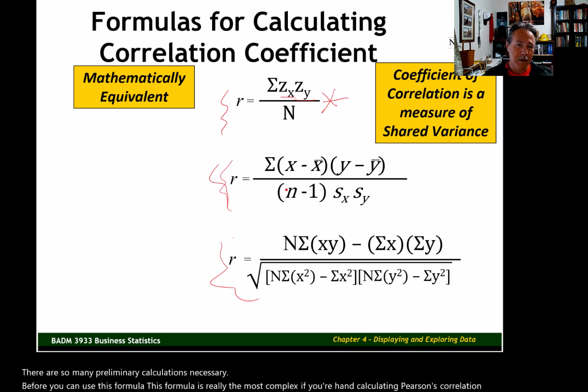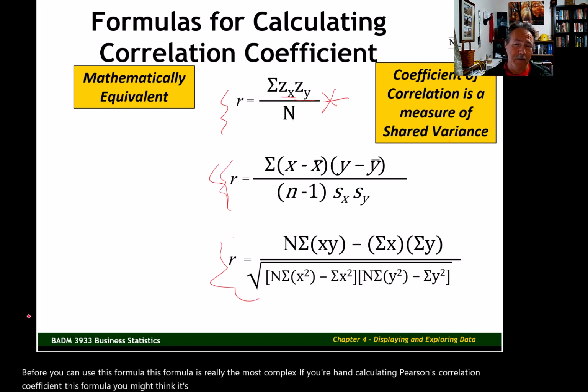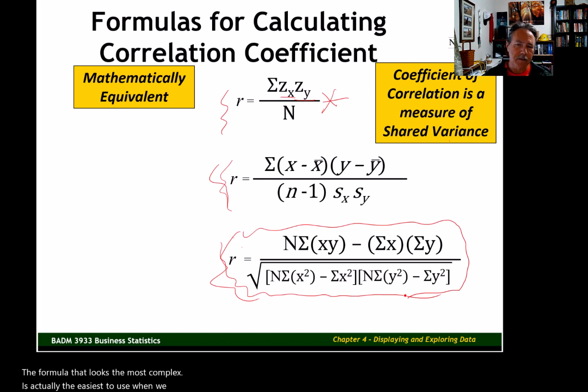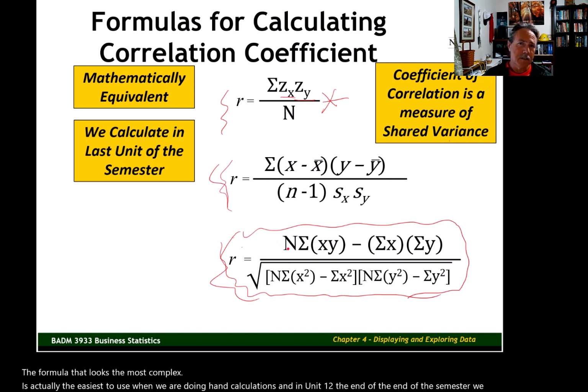This formula, you might think maybe it's the easiest to use from a hand calculation standpoint. It's also more complex. The formula that looks the most complex is actually the easiest to use when we are doing hand calculations. And in Unit 12, the end of the semester, we may be doing some hand calculations.